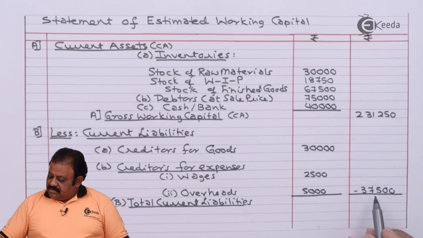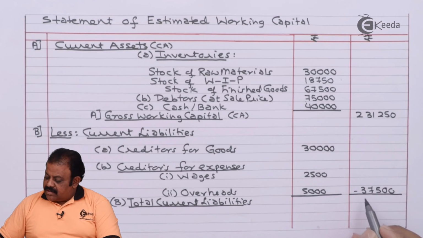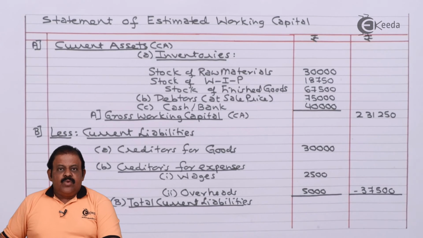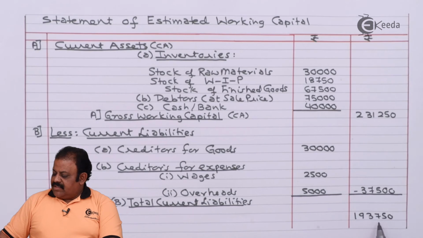Total current liabilities 37,500. From total current asset, we will deduct total current liabilities to arrive at net working capital. One lakh 93,750.